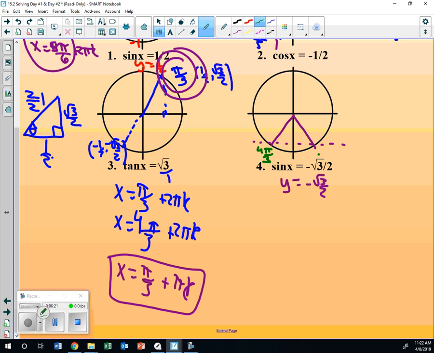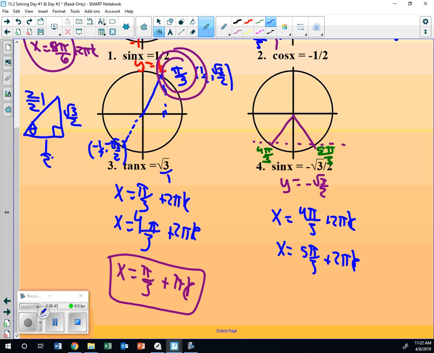And this one's going to be at how many pi over 3? 5. Yep, those two. So my answer for these will be x equal to 4 pi over 3 plus 2 pi k, and it'll be 5 pi over 3 plus 2 pi k. Let me have those two.